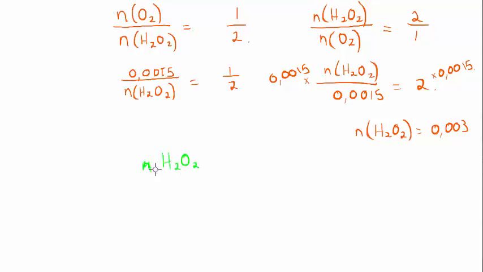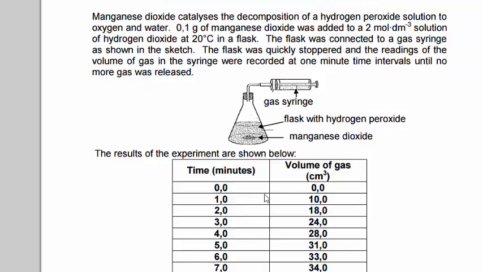Okay, now that I know that this much H2O2 is 0,003, now I need to know what was the volume of this. And you'll notice that when they talked about the solution, they said that this much gram of manganese dioxide was added to it, and they gave me the concentration of the solution.